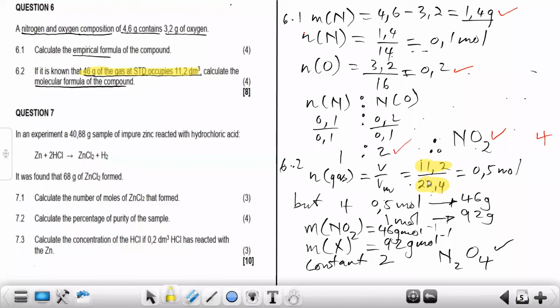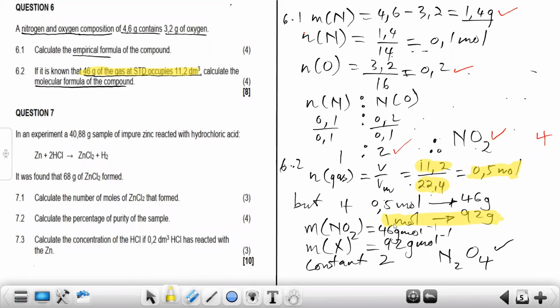But now this is gas X. I don't know what this gas is. So if this gas now produces 0.5 mole, I want to know, because for me to relate another gas, it says it must be in 1 mole of 22.4.